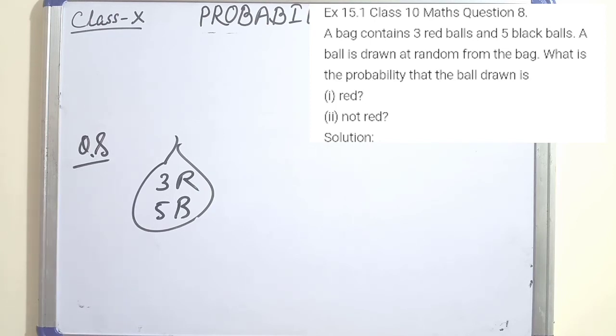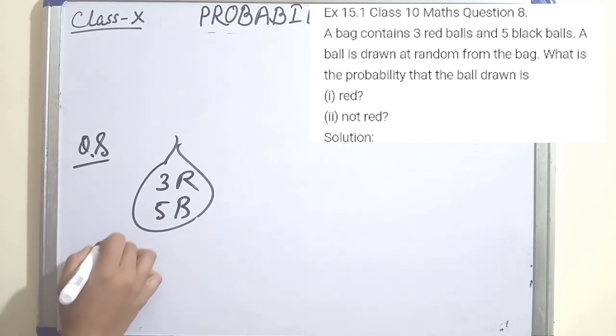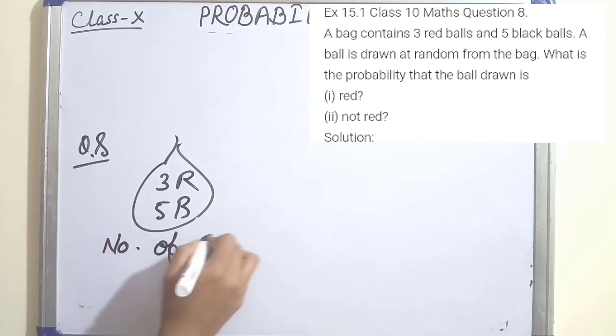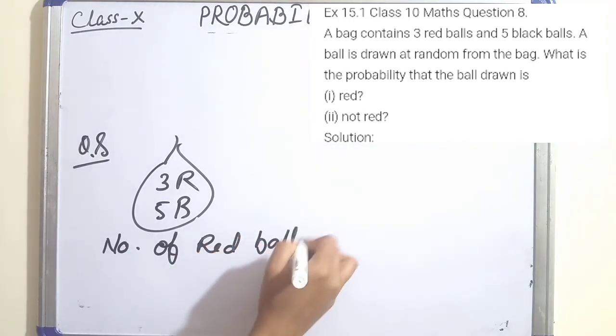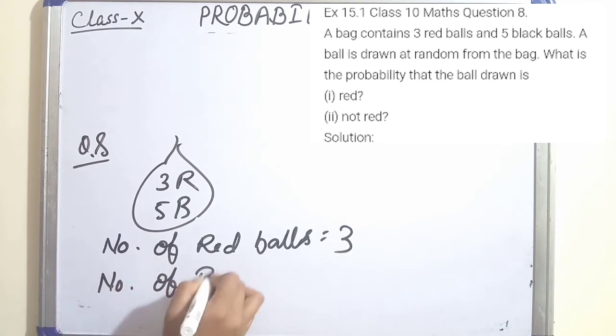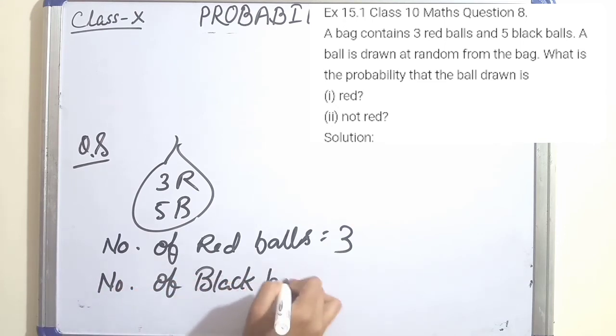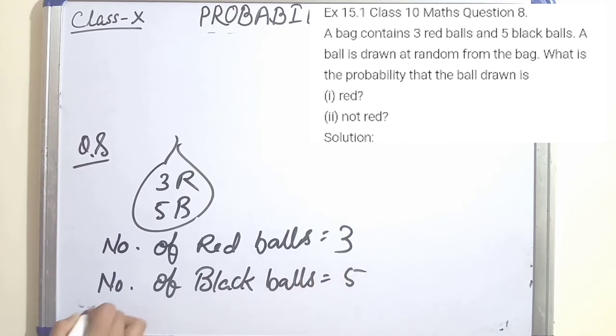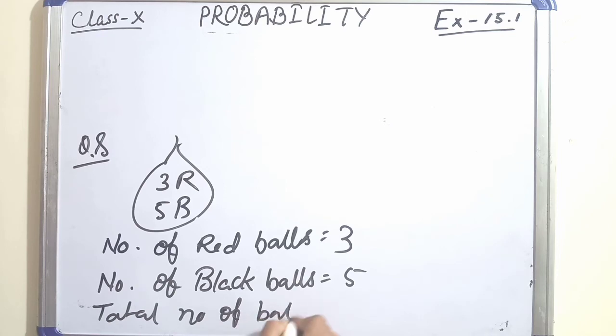Number of red balls is 3, number of black balls is 5. So total number of balls is 5 plus 3, 8.